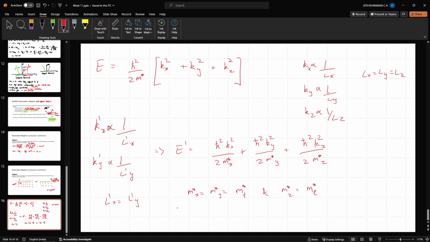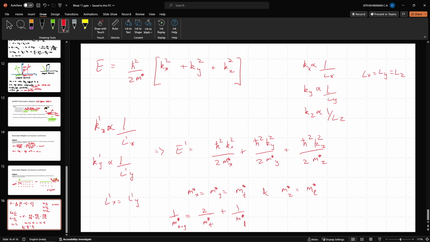So from this I can say 1 over m star, I shouldn't say effective mass, that would be wrong, so I will say m star average, is equal to, now there are two transverse masses, so that is going to be 2 divided by m star t plus 1 divided by m star l. So this is the expression we have for the new effective mass.